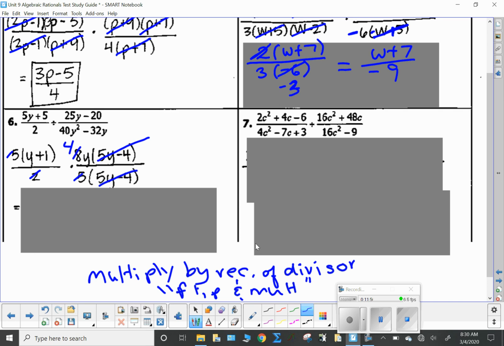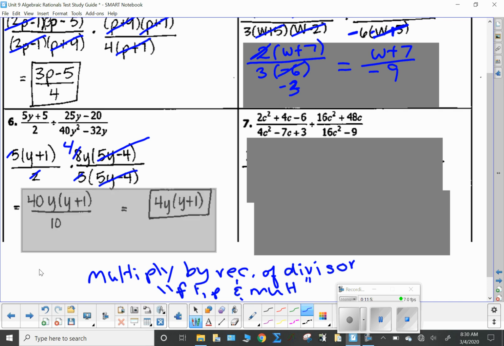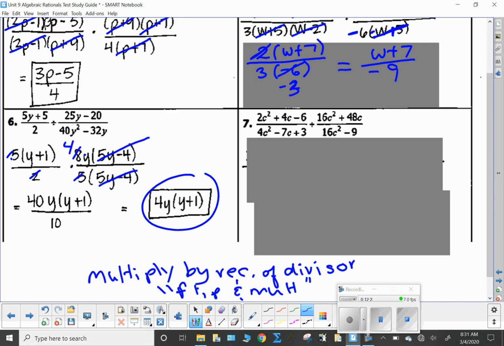And now I've got 4y times y plus 1 all over 10 winds up being 4y times y plus 1. Okay, I factored everything out earlier. The way they did it, they multiplied the 5 times the 8. Either way, this is your answer.